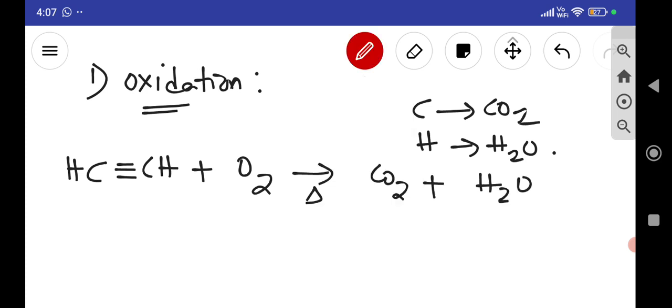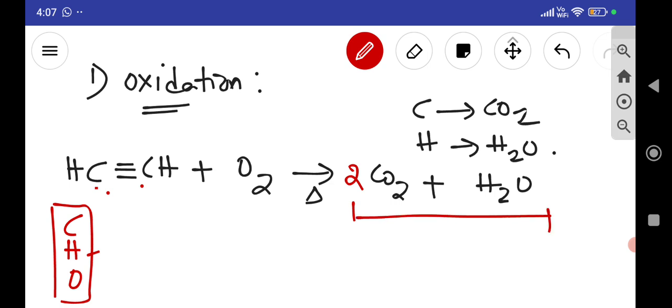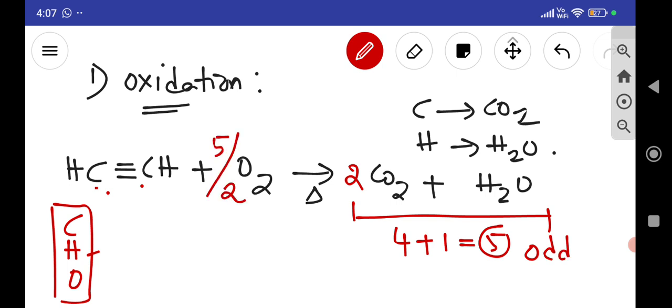An important order of balancing, I told you, is CHO. So take carbons 2, so write 2 here. Then hydrogens are 2, so this is already done. Next, calculate the oxygen: 2 into 2 is 4, plus 1 is 5. Because you are getting an odd number, according to the method, add coefficient as 5 by 2.